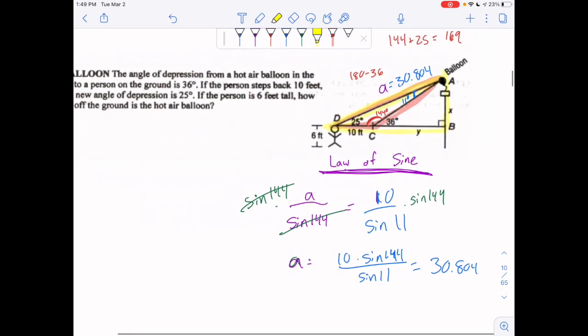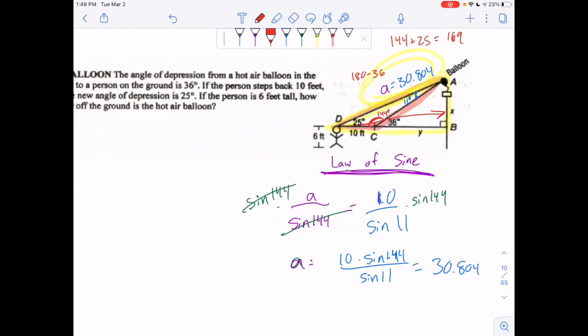So now you actually have this side here. So you can actually set up. Now you have what? 25 is going to be opposite, which is x. Opposite over hypotenuse. You can actually use sine now. So sine of 25 degrees, opposite is x, your hypotenuse, which you just solved for.